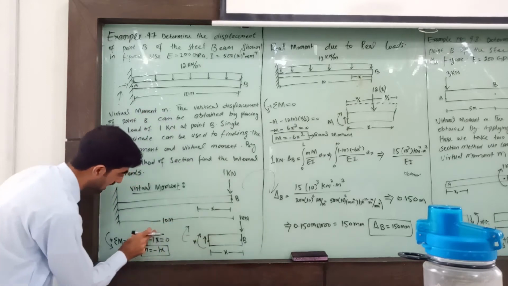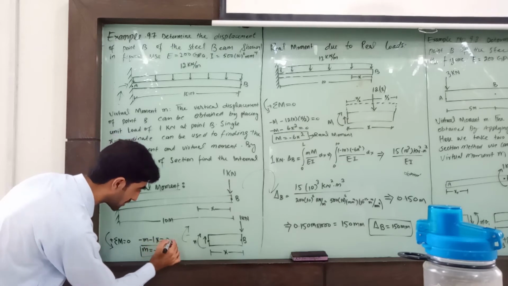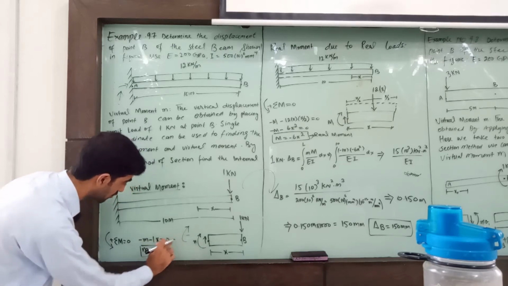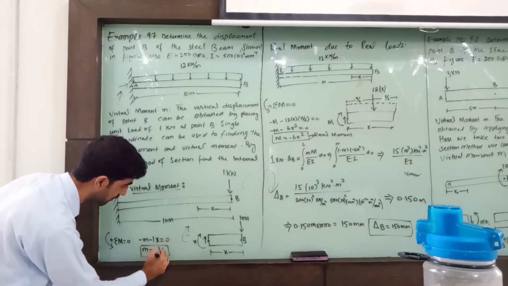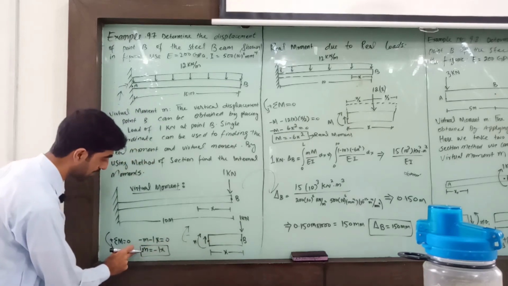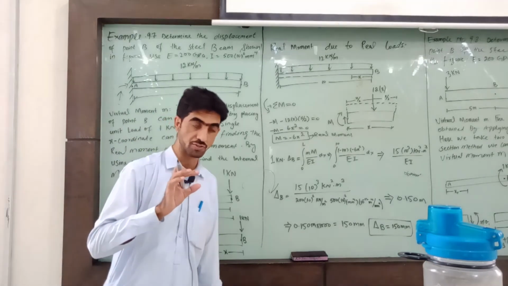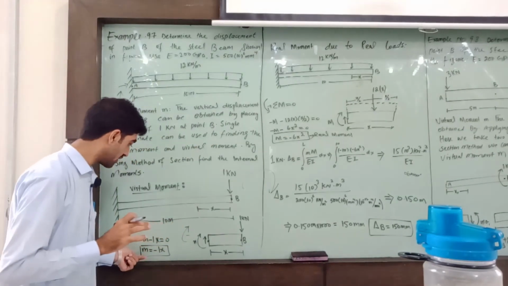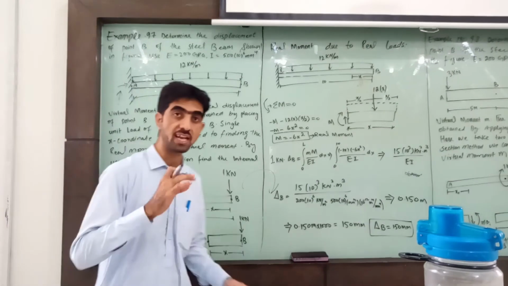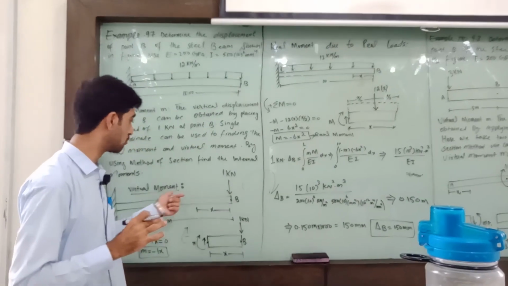So minus m minus 1x is equal to 0. Finally m is equal to minus 1x. This is denoted by small m, the virtual moment.